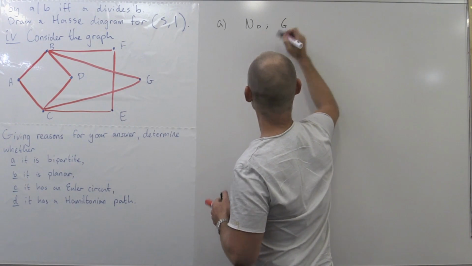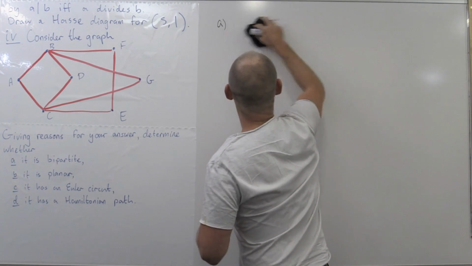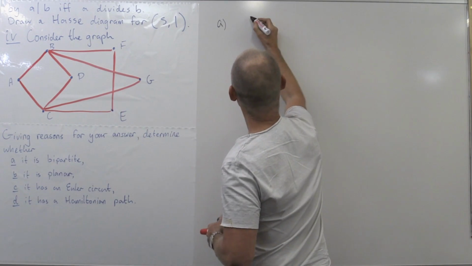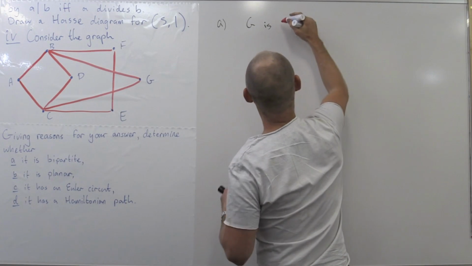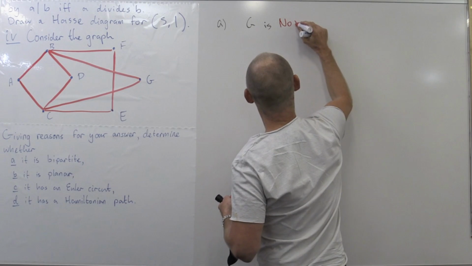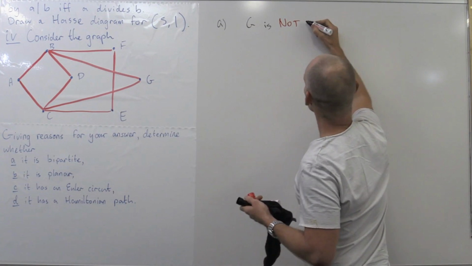G, well, maybe we should write it out. So G is, let's use another colour, not angry red, not bipartite.